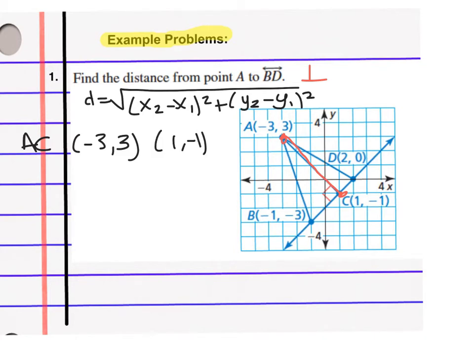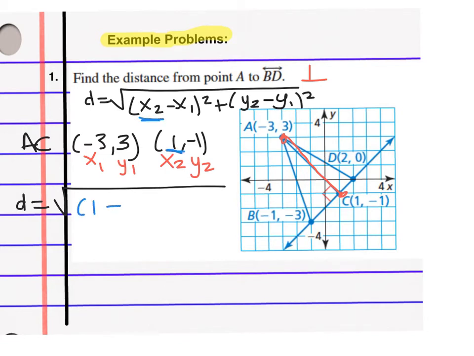I am going to label those x1, y1, x2, y2, and then plug into my formula. So for x2 it should be 1, minus x1 which is negative 3. Then I have two negatives in a row, 1 minus negative 3, so I'm going to change both of those to plus signs.